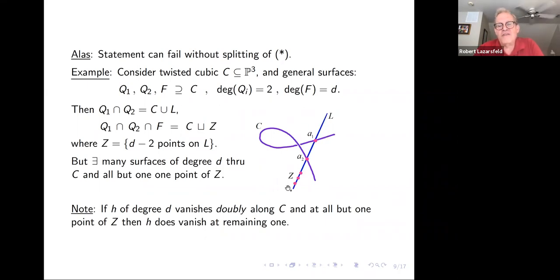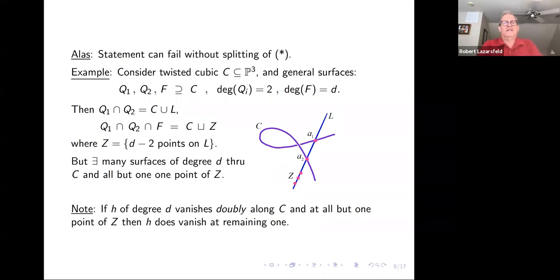F meets the line at D points, but 2 of them are A1 and A2. So the triple intersection of these 3 surfaces gives you C plus D minus 2 points on L, the D points of intersection of F with L other than A1 and A2. That's the zero locus of this section of this rank 3 vector bundle: the curve plus D minus 2 points.